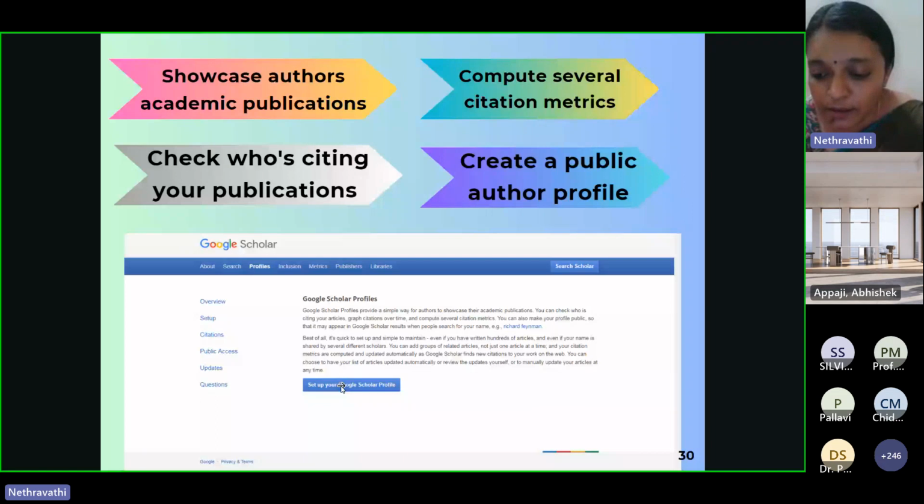Then what will happen? Citations will increase, right? When citations increase, I feel that I have good citations and I'm doing well, etc. That is the reason people will add other papers to their ID, which is actually not correct.